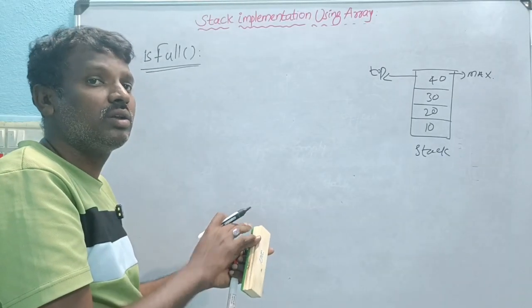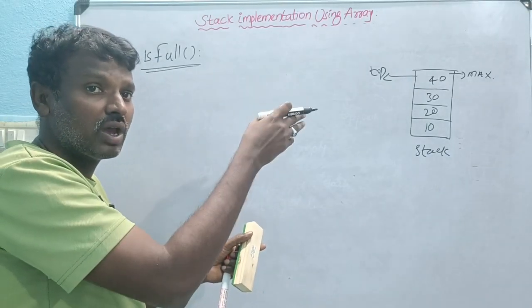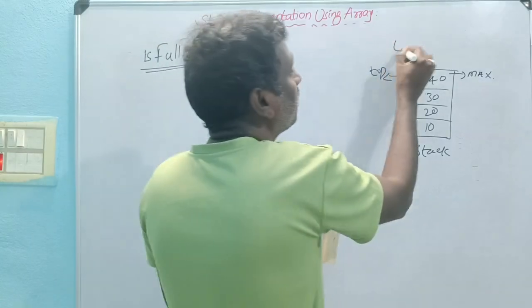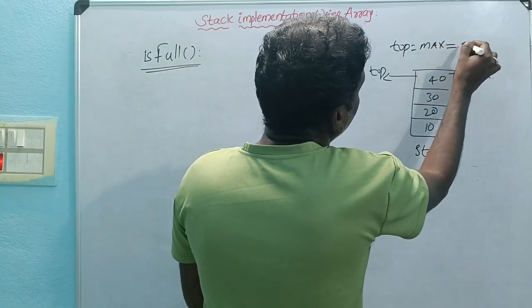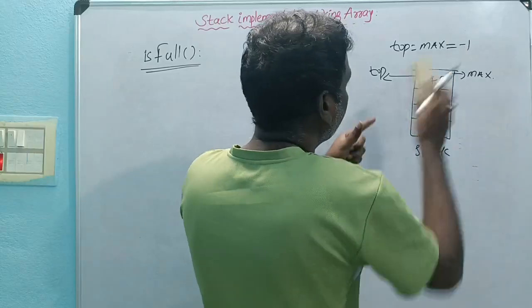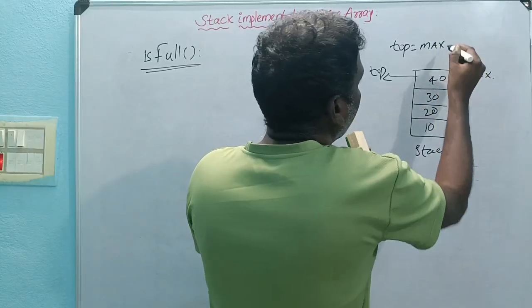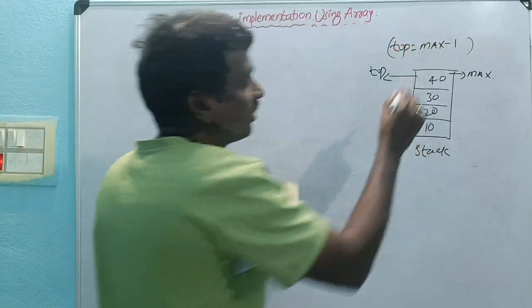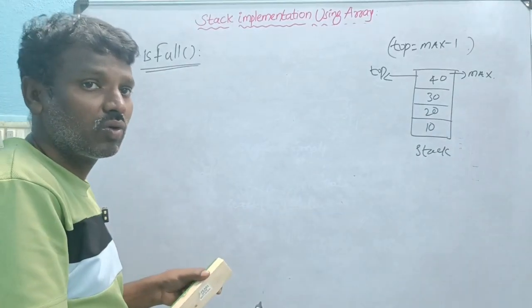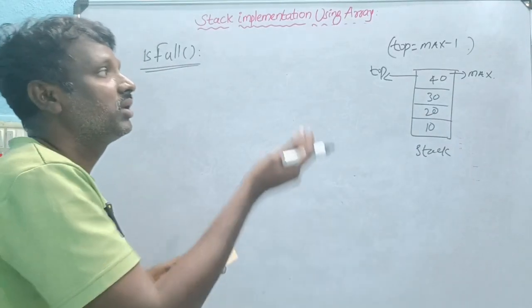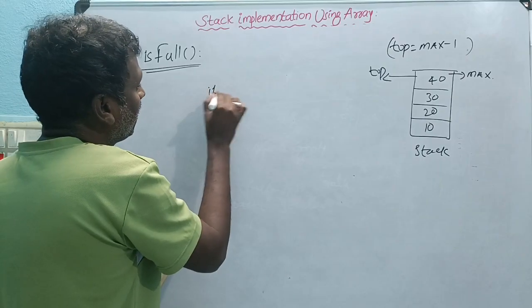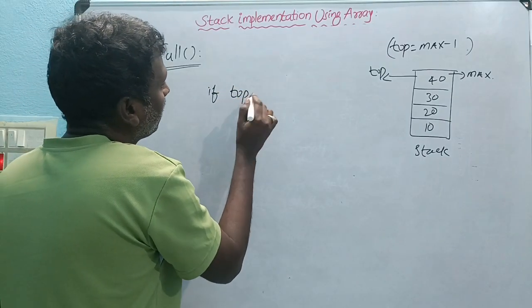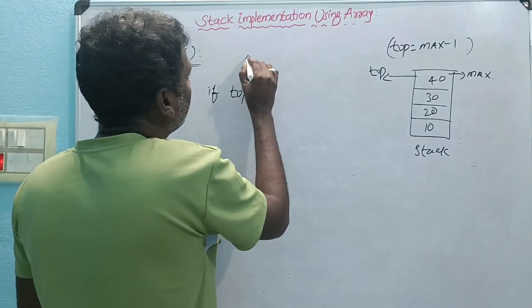If you insert another value into an already full stack, what happens? Top equal to max minus 1. Sorry, top equal to max minus 1. At that time the stack is overflowing, so the stack is full. So we write: if top equal to max minus 1.